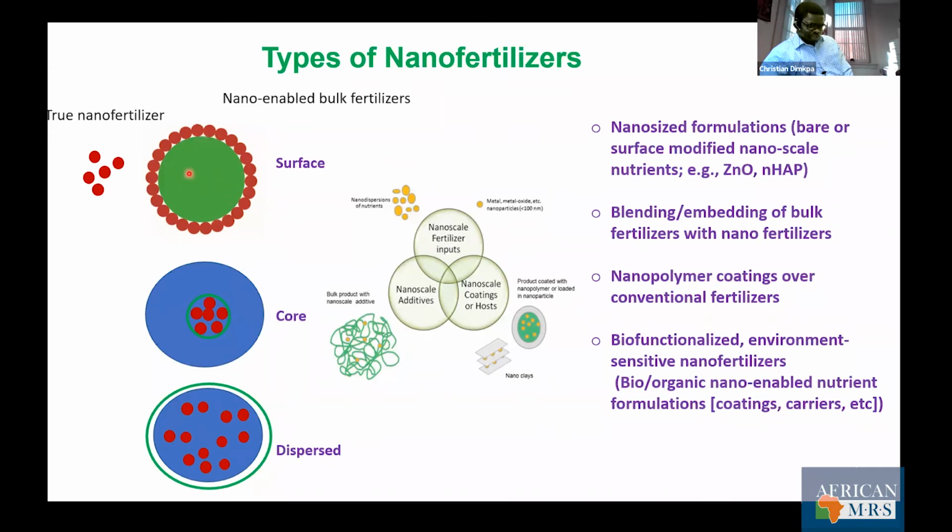This is the bulk material here. It could be anything. You just add your nanomaterial to it, and you have a nano-enabled fertilizer. Again, you can do that on the surface, in the core, in the center of the bulk material, or you can just disperse the nanomaterials within the bulk material to form a nano-enabled product. This is just another cartoon to show the same thing, and these are the texts for that.